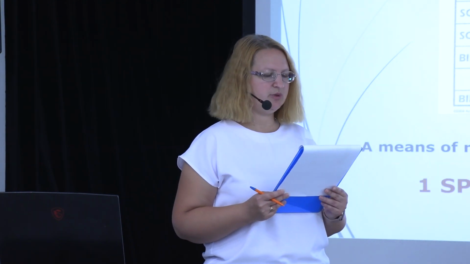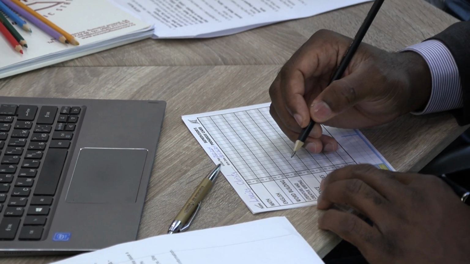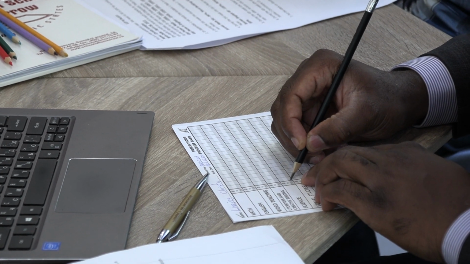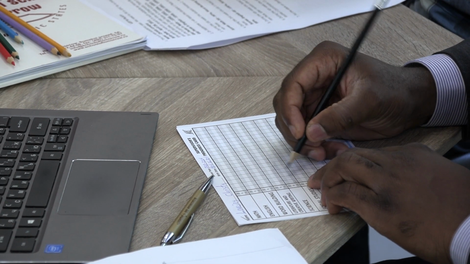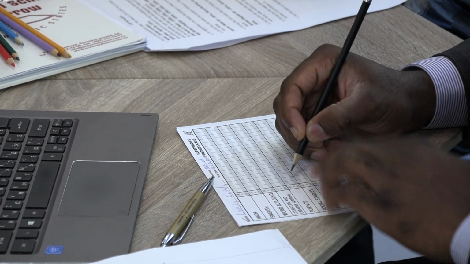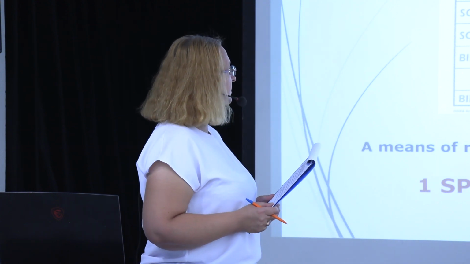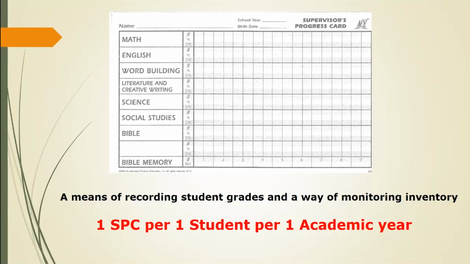So it means in word building, science, and social studies, you're supposed to order the paces from 61 till 72. So it means in the stock for these 3 subjects with the pencil, you're supposed to write numbers from 61 till 72.